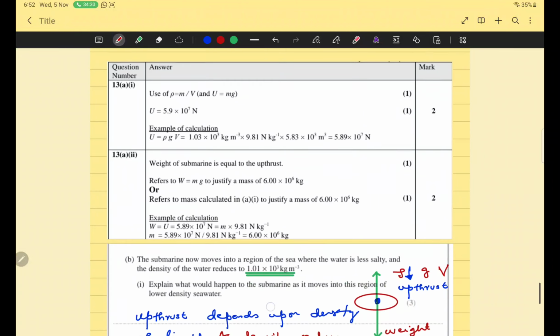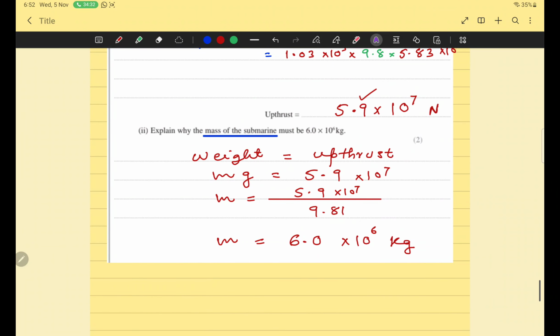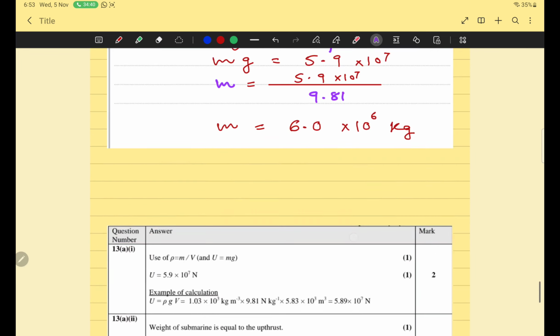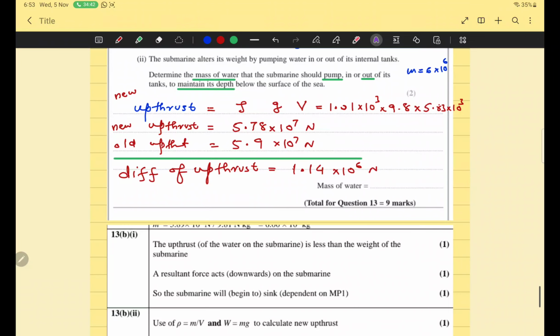And you know, if upthrust is divided by 9.8, it gives you mass. So this is the mass which should be pumped out.